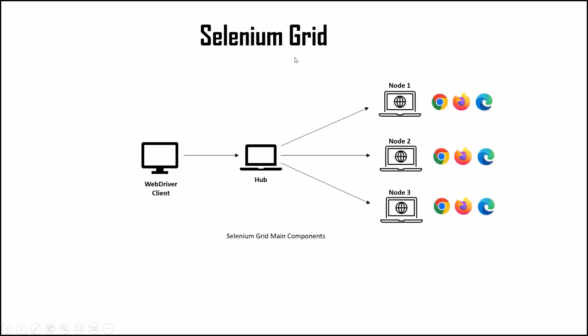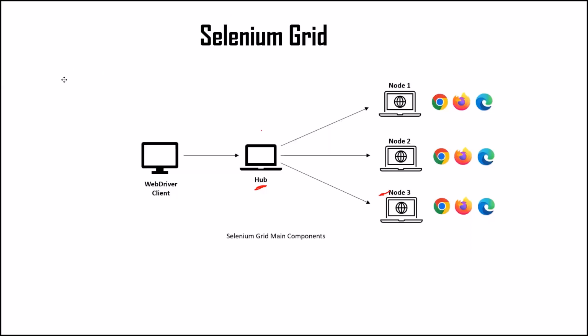Today in this video, I'm going to show you how you can set up Selenium Grid in Hub and Node mode. In my last video, we saw how we can set up the Selenium Grid in standalone mode. And in that video, we discussed that Selenium Grid can be set up in three different modes.